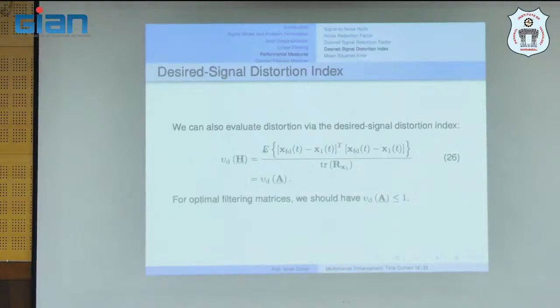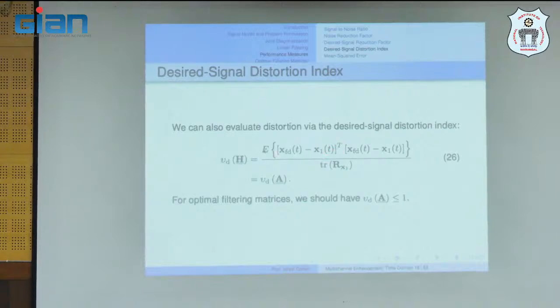We can define the desired signal distortion index. It is the expectation of the error between X filter desired, the estimated desired signal given after the matrix filtering, and the vector of samples of the desired signal in the reference sensor. You see, this vector is what we want to estimate.